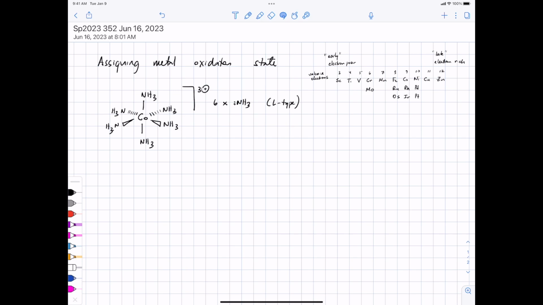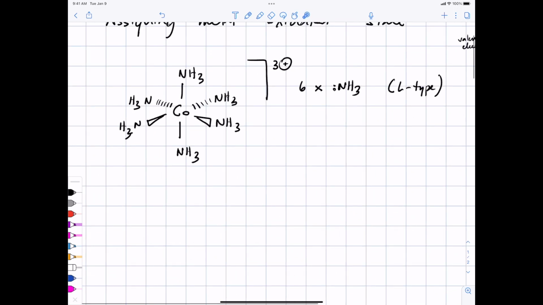Assigning oxidation state for a metal is easier than you think. First, you have to realize that the organometallic chemists and the inorganic chemists don't bother with formal charge on atoms in the complex. But they do have to show you what the overall charge on the complex is.